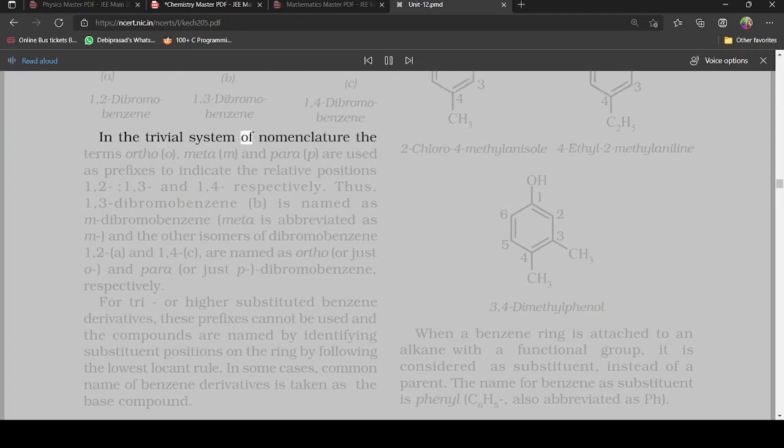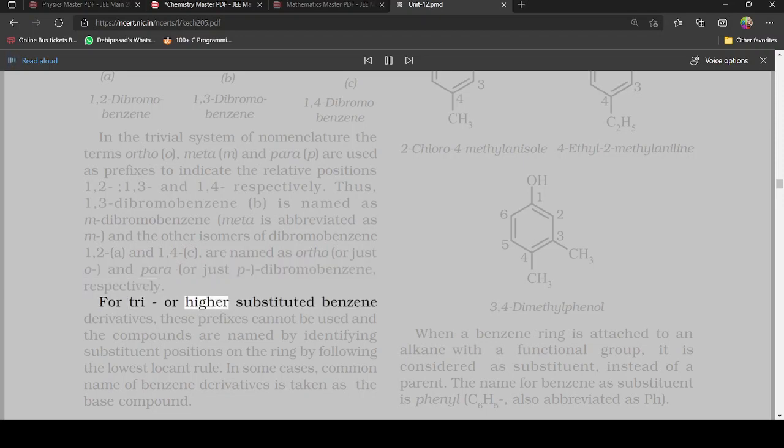In the trivial system of nomenclature, the terms ortho (o), meta (m) and para (p) are used as prefixes to indicate the relative positions 1,2; 1,3 and 1,4 respectively. Thus, 1,3-dibromobenzene, B, is named as m-dibromobenzene, meta is abbreviated as m, and the other isomers of dibromobenzene, 1,2 (A) and 1,4 (C), are named as ortho (or just o) and para (or just p) dibromobenzene, respectively.